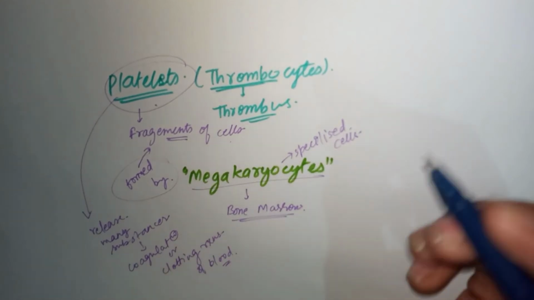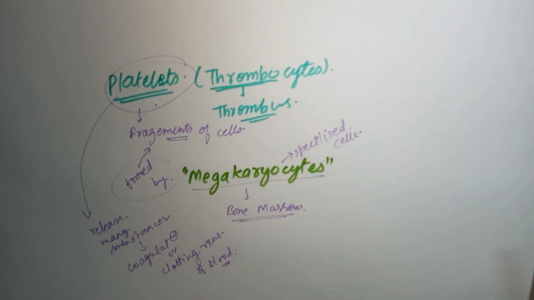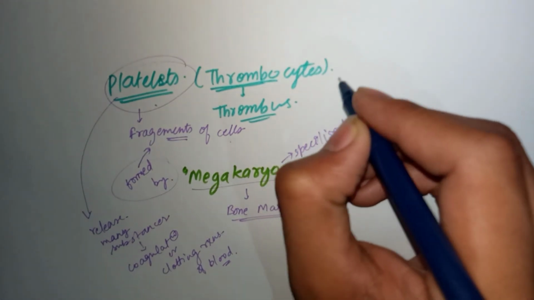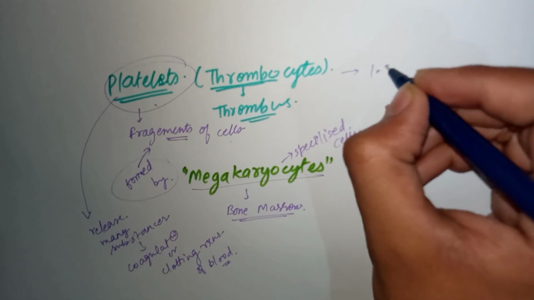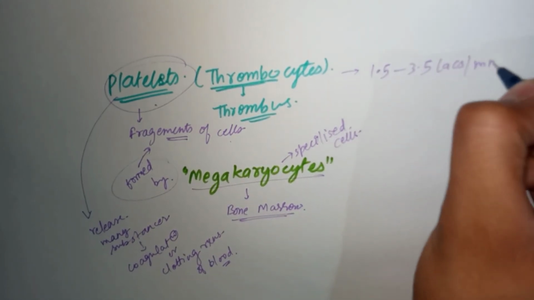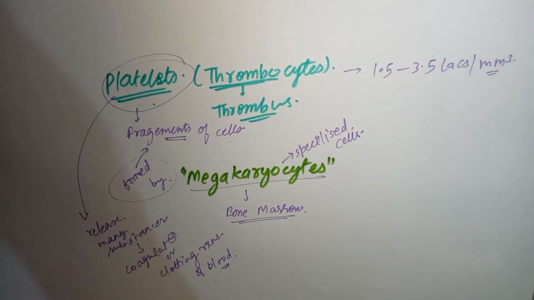So if we lack platelets or the number falls, then we have certain problems in which the coagulation is not appropriate, and there is more loss of blood from the body, which is severe and life threatening. Their number is 1.5 to 3.5 lakhs per mm cubed. All right, and this is all about formed elements.